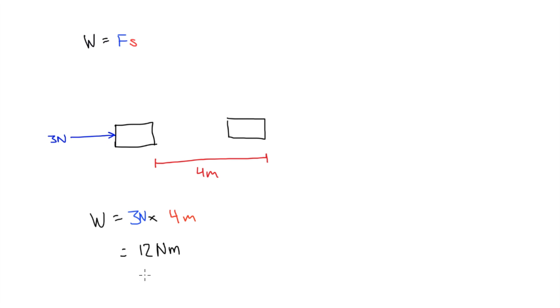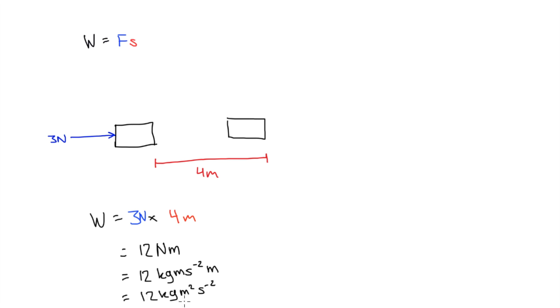So the unit for newtons in standard units would be kilograms times meters per second squared, and then multiply that by meters. And so that gives you 12 kilograms times meters squared per second squared.